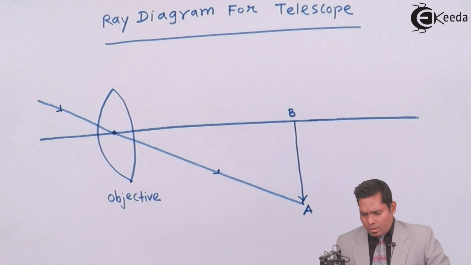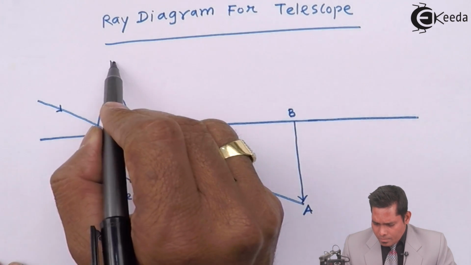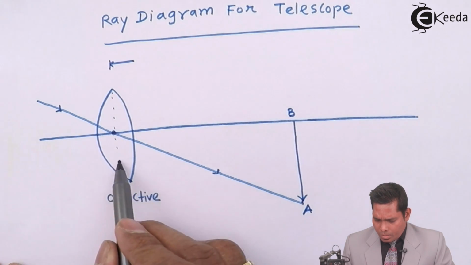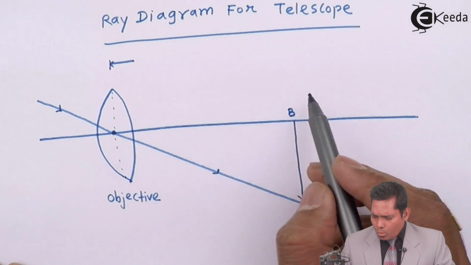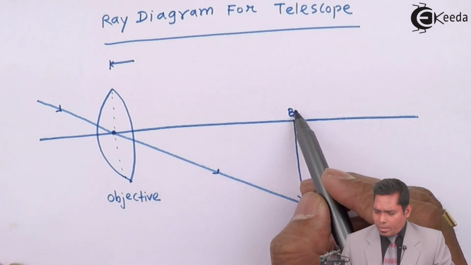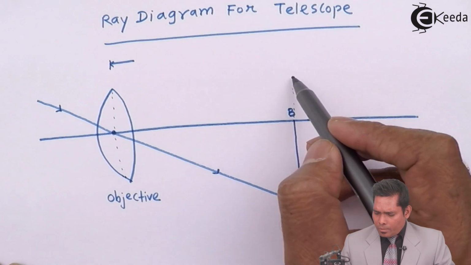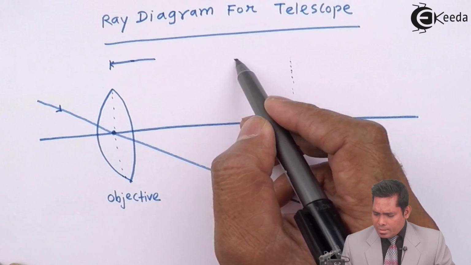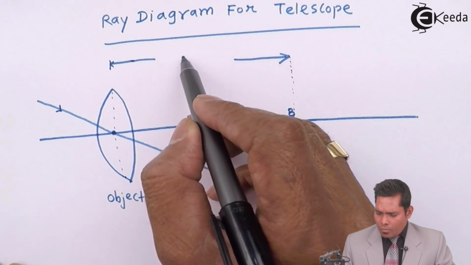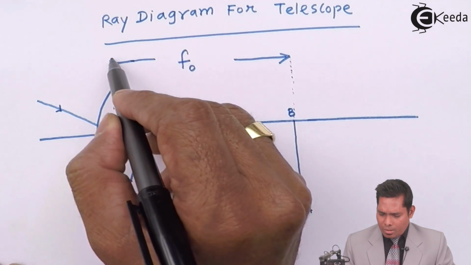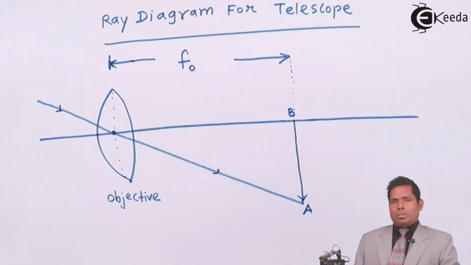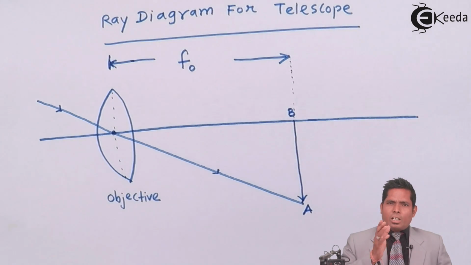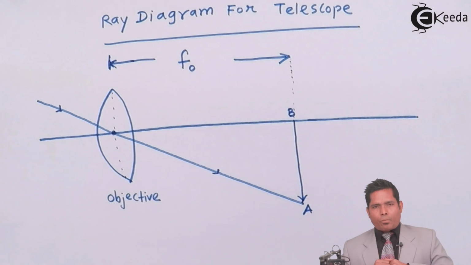So obviously this distance from the center of the lens to the point where the image is formed is known as the focal length of objective, because obviously it has to be at a distance of focal length, because that is the property.